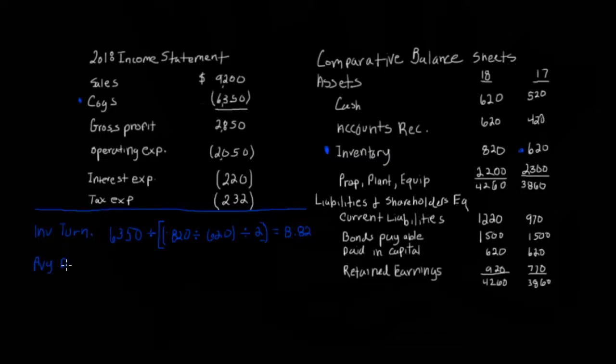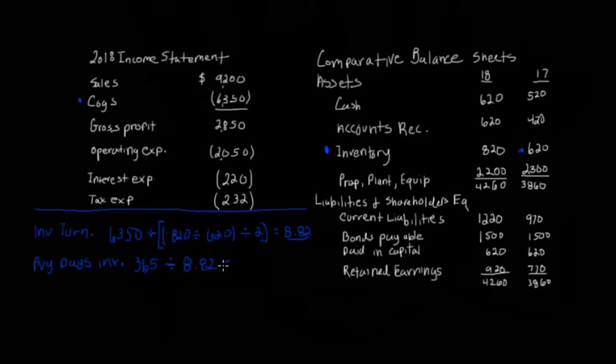AVG. And I'm going to abbreviate again to save a little time and save a little space. We're going to start with 365, representing the number of days. And we're going to divide using our product from the inventory turnover, which is 8.82.